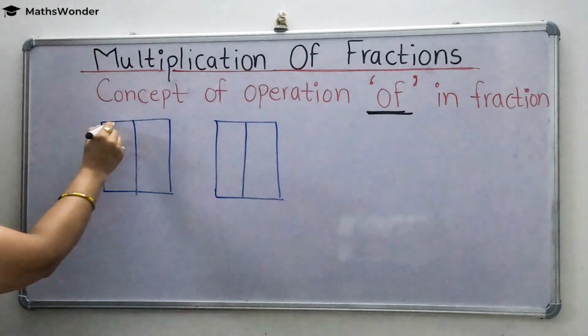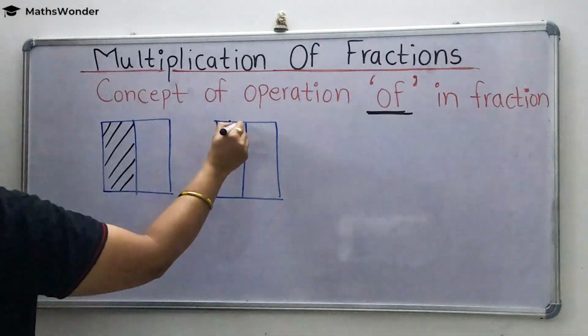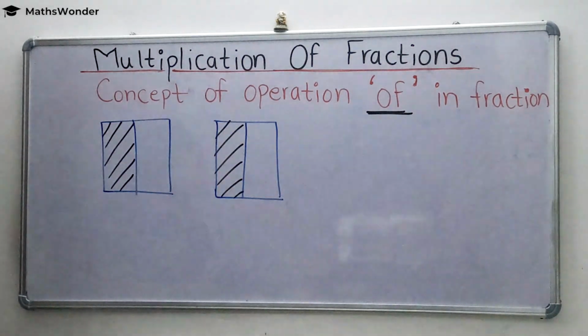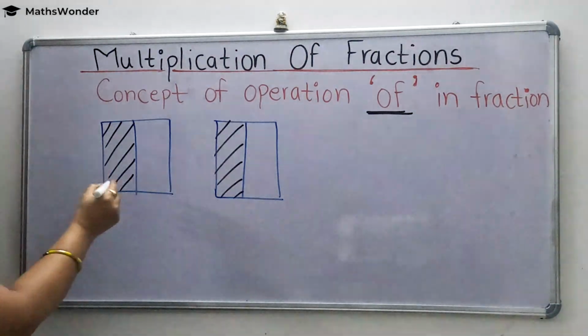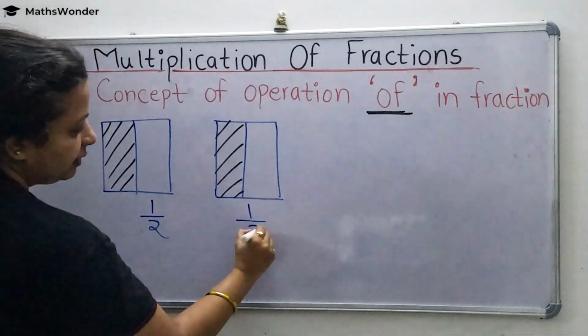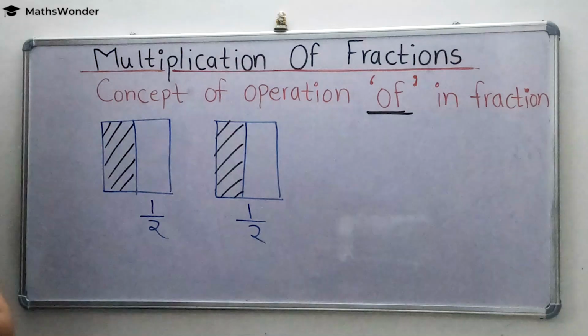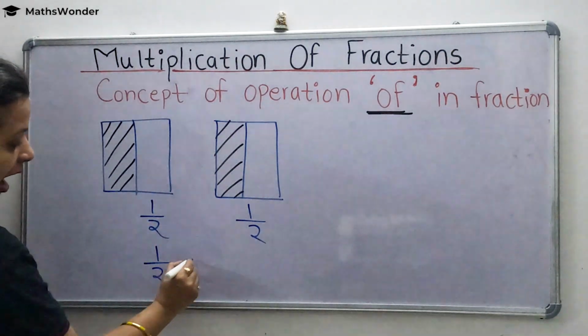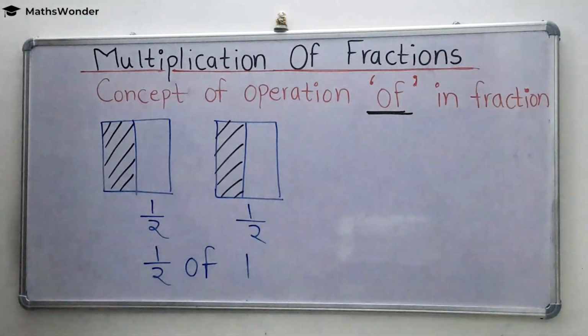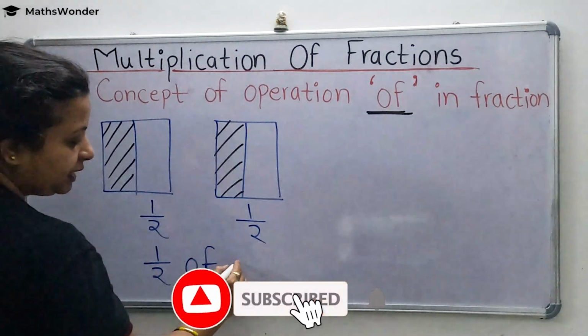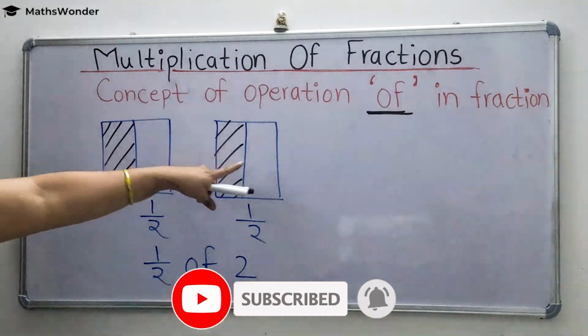Here each shaded portion in this figure represents half of 1. Both shaded portions together represent half of 1 and half of 1.